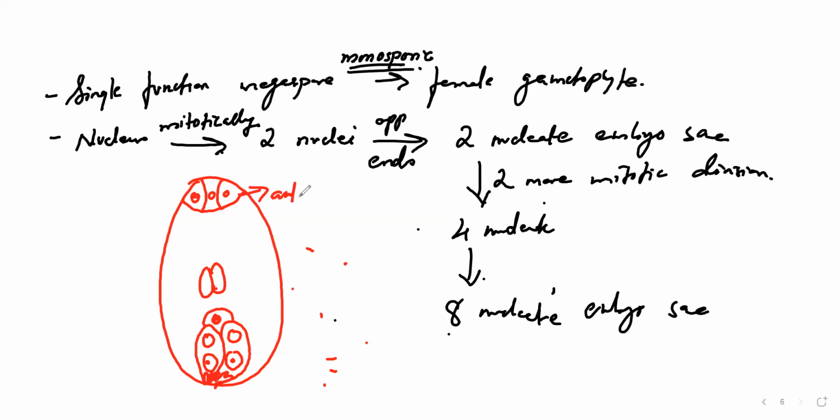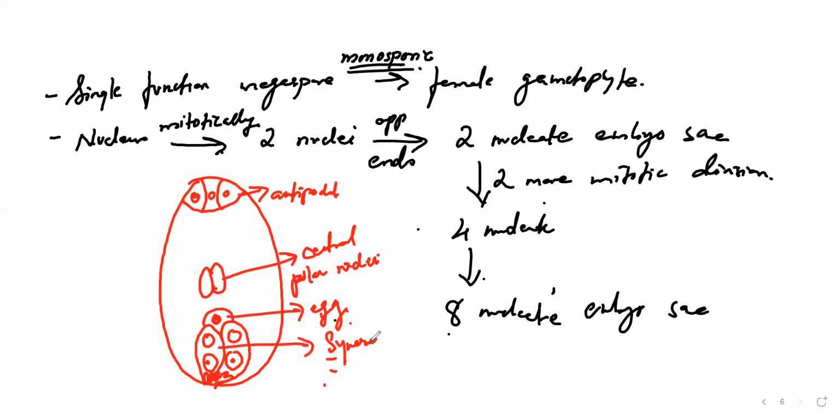This is the antipodal. This is the central polar nuclei. Okay, this is the polar nuclei, that is the central cell, and this is the egg. These two things which you can see are the synergids, and then this finger-like apparatus is called the filiform apparatus.